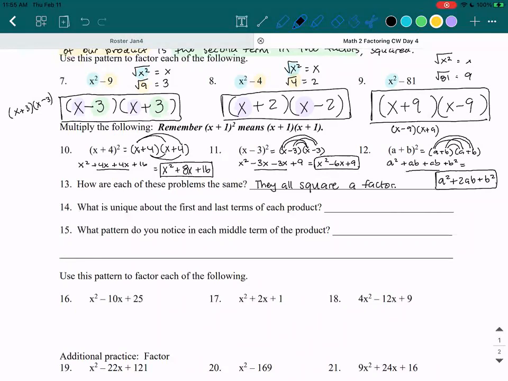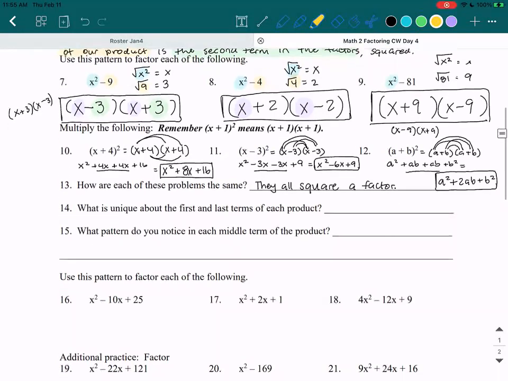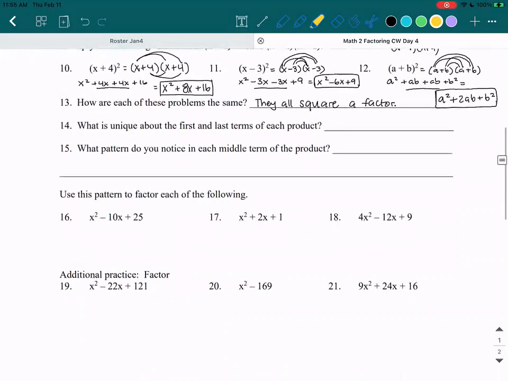Number 14, what is unique about the first and last terms of each product? So in the product, I'm going to highlight again. I'll use blue, I guess. The first term in the product is the x squared. Or I guess in this one is the a squared. And then the last term in the product is the 16 or the 9 or the b squared.